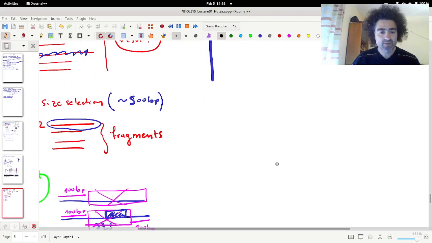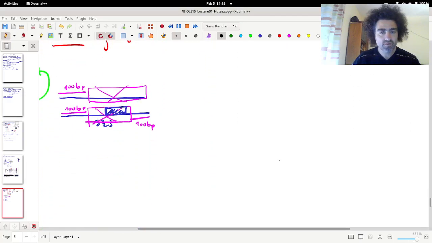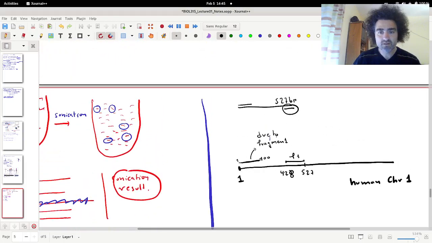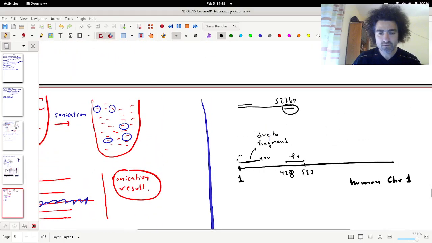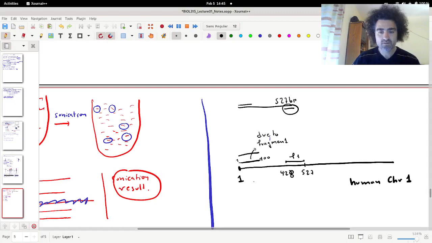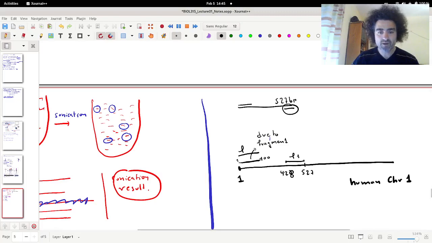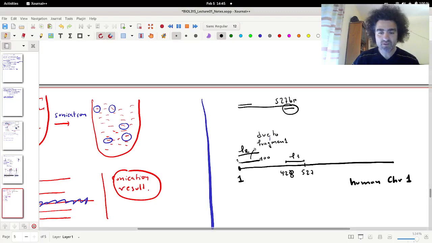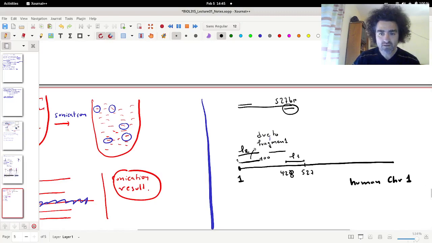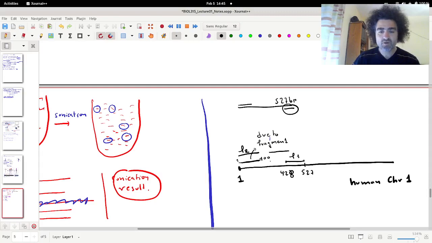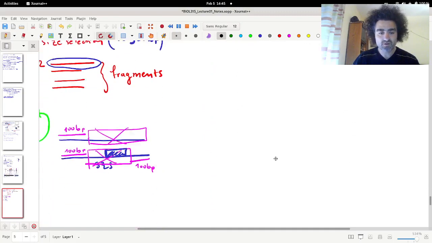And then from fragment 2, we read again this piece. So this is from fragment 2, but we read a piece of DNA somewhere here, just because fragment 2 was shorter.